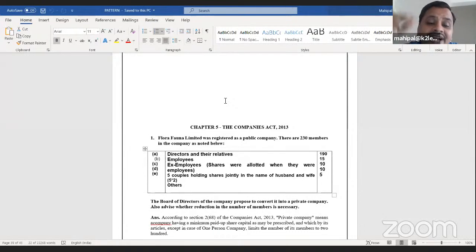And there were a few technical questions based on the doctrine of ultra vires, based on the doctrine of indoor management, based on number of members, conversion of private into public or OPC into private, all those things. Am I clear? Yes, no?